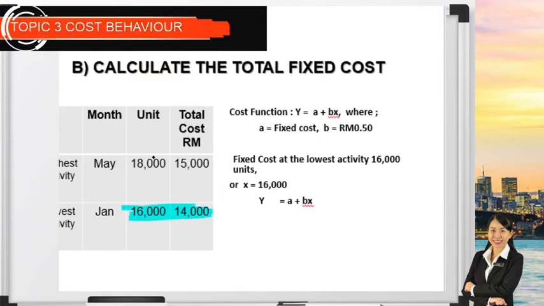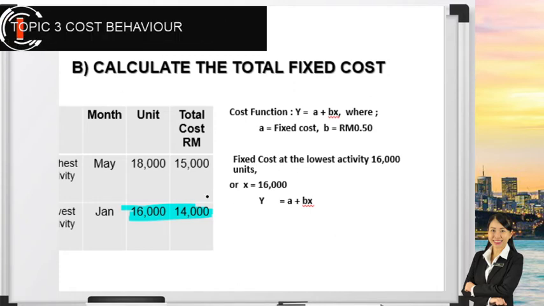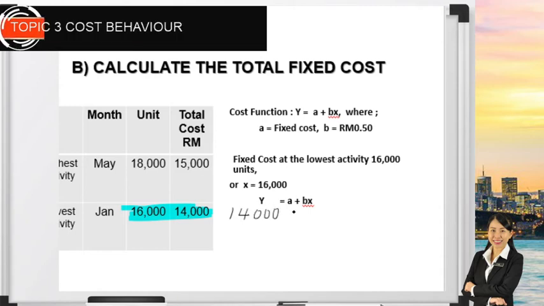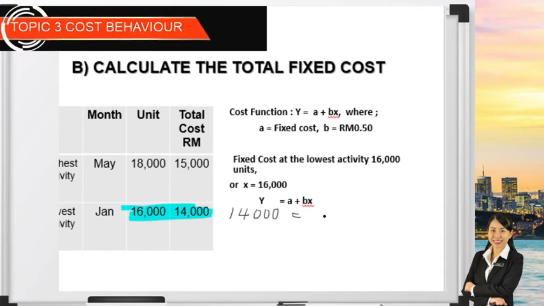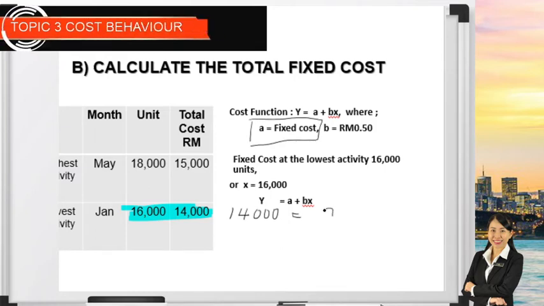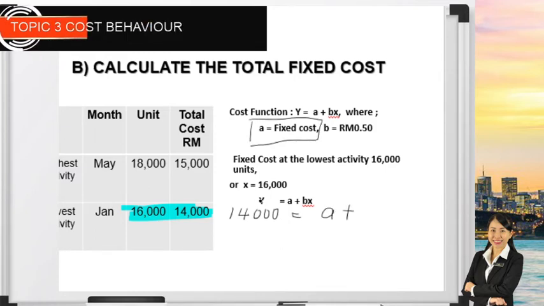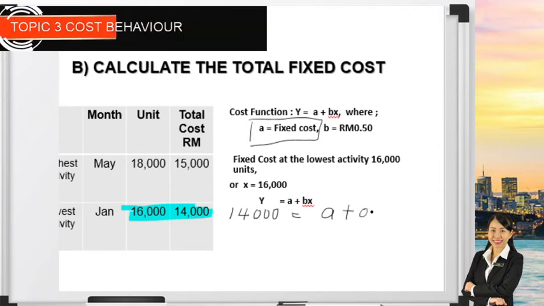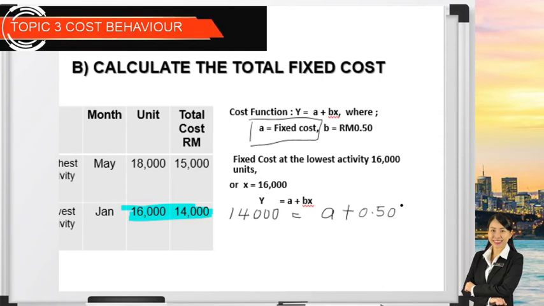In this case, our y is 40,000. A we don't know. A means fixed cost, what we want to find out now. So we just put a plus b. B we already found out is 50 cents per unit.